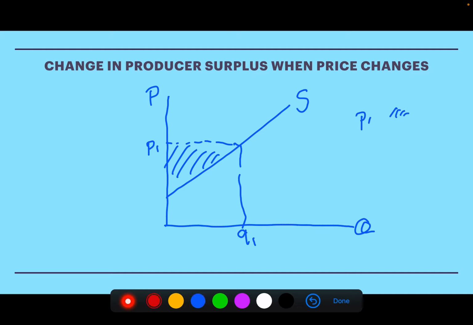We're going to increase the price. And when we increase the price, the producer surplus is the red area. So what you can see is the change in producer surplus. We go from blue to red. The change is the yellow, and that is an increase in producer surplus.